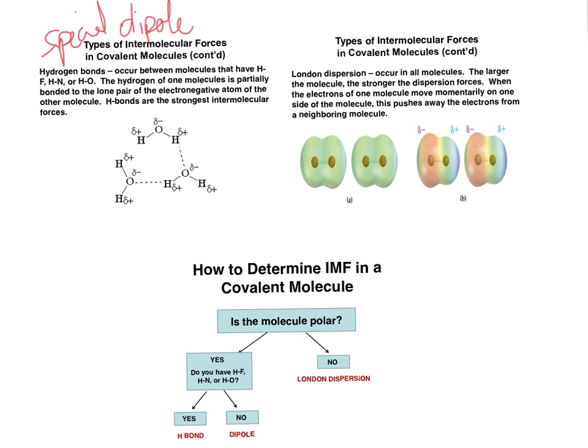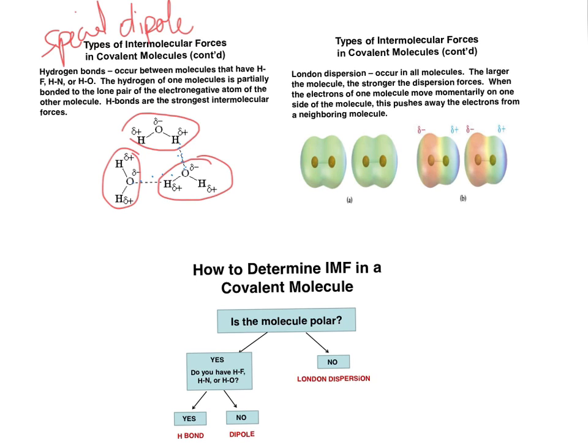If you look right here, for example, here's one water molecule, here's another, and here's another. Oxygen is more electronegative than hydrogen, so it gets a partial negative. The hydrogens get a partial positive. And so the partial negative end of one, so this oxygen, is attracted to the partial positive end of the other, and so on and so forth.